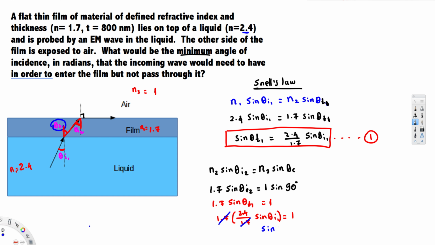Finally we end up with sine theta I1 equal to 1 over 2.4, and if we rearrange in terms of theta I1, this is sine inverse of 1 over 2.4. If you calculate this value you get 0.4297, and rounded to 3 decimal places, that's 0.430, and that's the angle in radians. That is the minimum incident angle we need in order to prevent this ray from going outside.